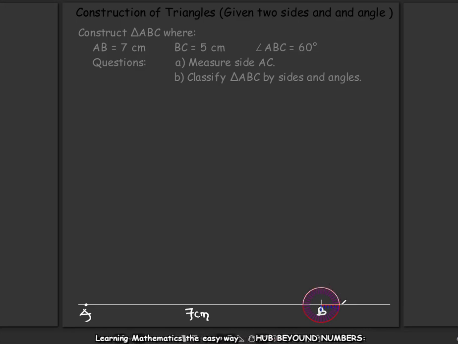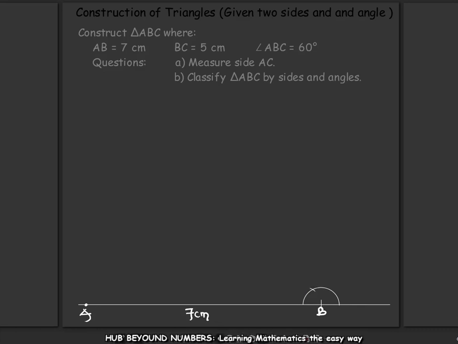Then with the same radius, I don't open or close, I stand at this point and draw another arc to touch my semicircle. So this is my arc here. Then with that, I'll draw a straight line through this point of intersection.